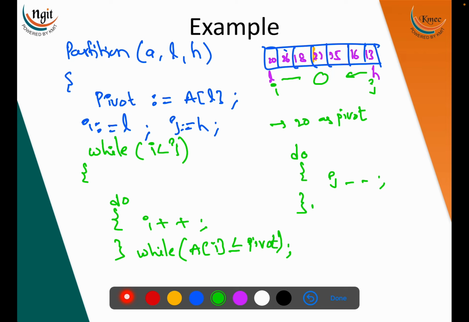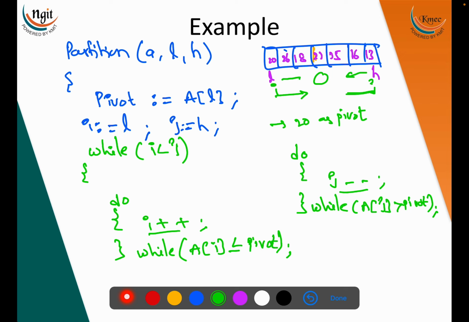Now this time, while A of J greater than pivot. So when you are going from this end, you are finding the greater element, that means you are increasing the index, I plus plus. You are coming from this side, decreasing J minus minus, and J always will search for the smaller element than the pivot element.